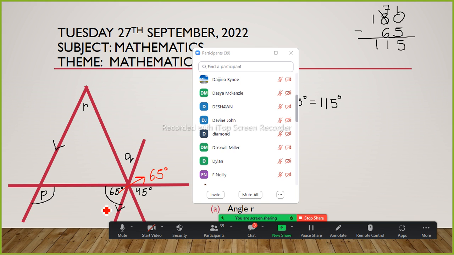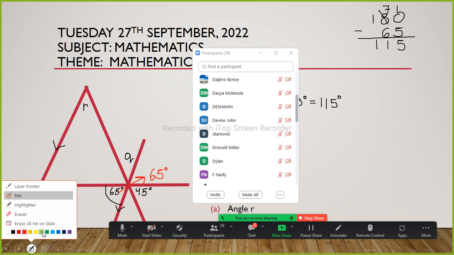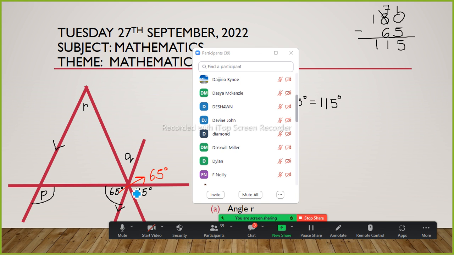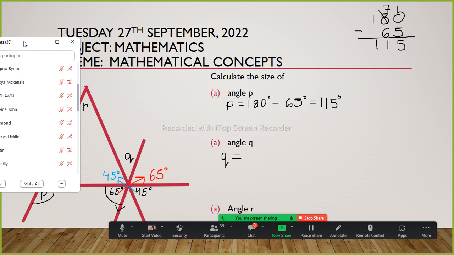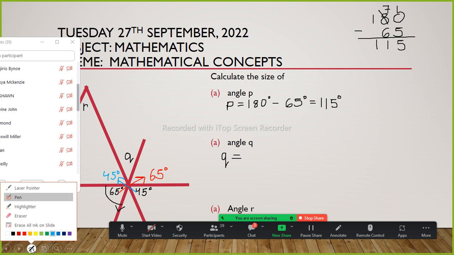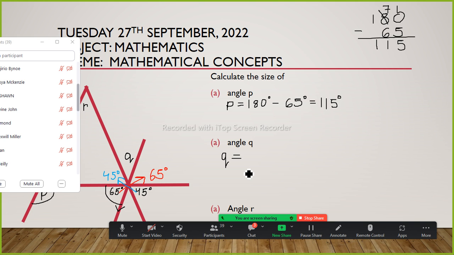And then we have 45, which is also vertically opposite to that, so it's also going to be 45. So that means Q is going to be equal to what? Look at your notes. Q is going to be equal to 180 degrees.